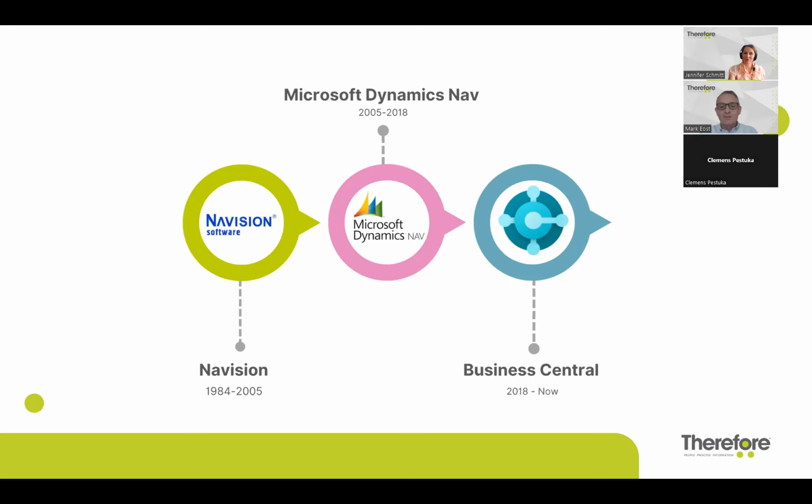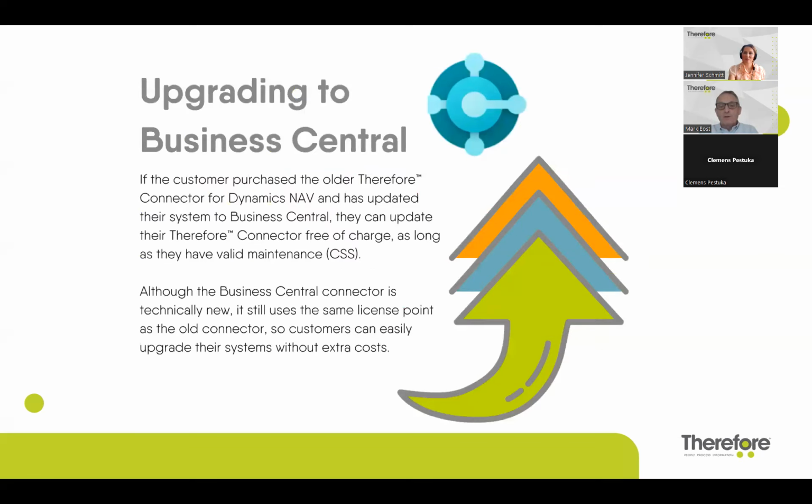So you can see that it's got a really long history of being available from Microsoft. And you'll hear it often referred to as Dynamics Nav in the marketplace because customers often are confused about the different versions. But now you can see the history of the application.